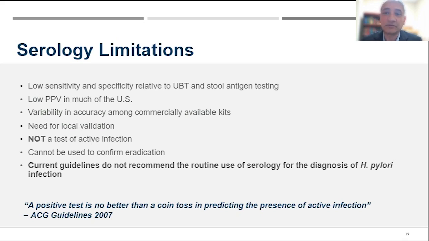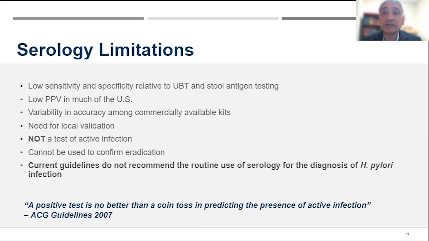Test kits developed in Europe have low accuracy in Asia and vice versa. And actually, even within the United States, if validation was performed in certain populations, the performance characteristics will be different when the test is utilized in a different population.